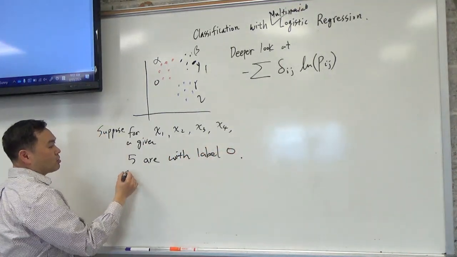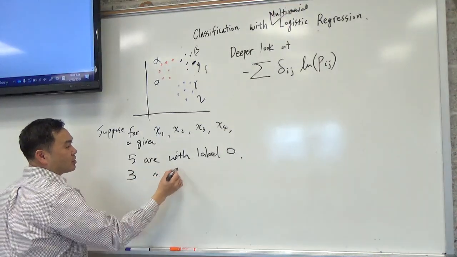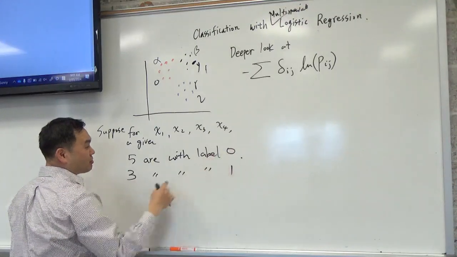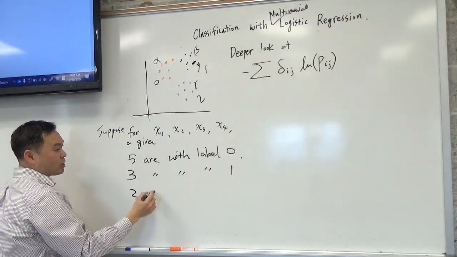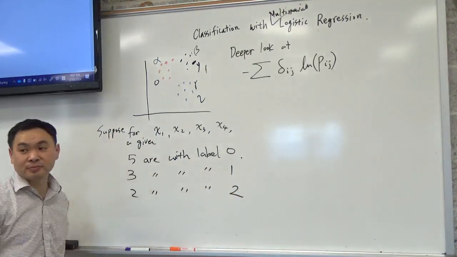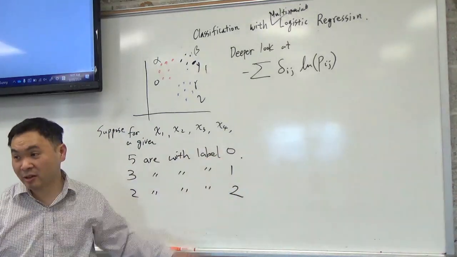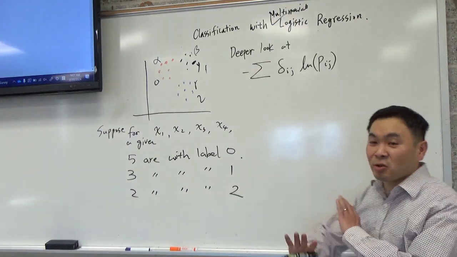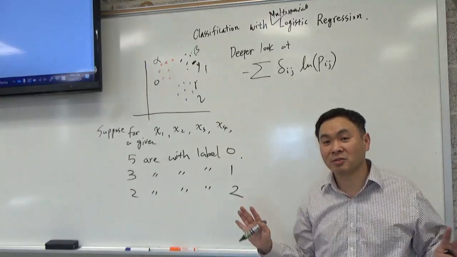Okay. 3 are with label 1. This one was the one that we were calling alpha. 2 are with label 2. Okay. Alpha, beta, gamma. And let's say that's all the data set that we have.